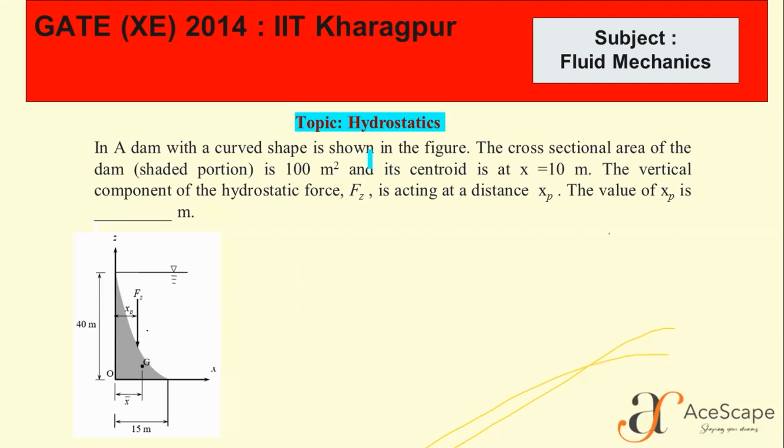Okay, so I will solve. They have said that this shaded portion is 100 meters square. So I'm taking this as A1. Let's say A1 is 100 meters square.